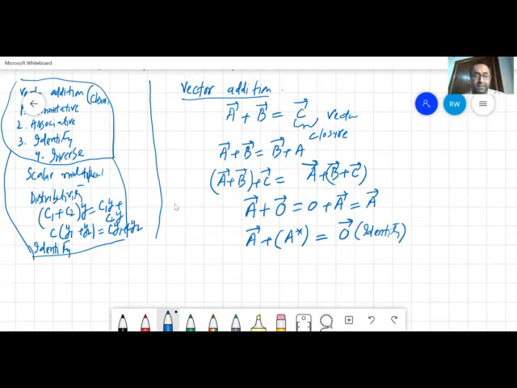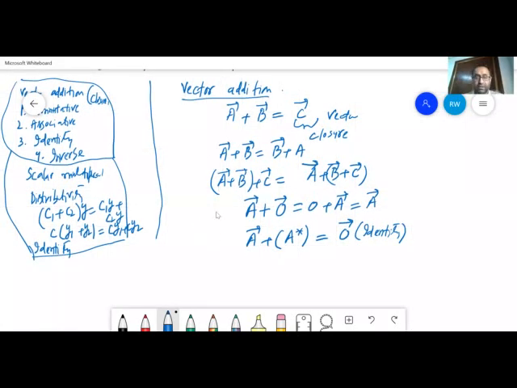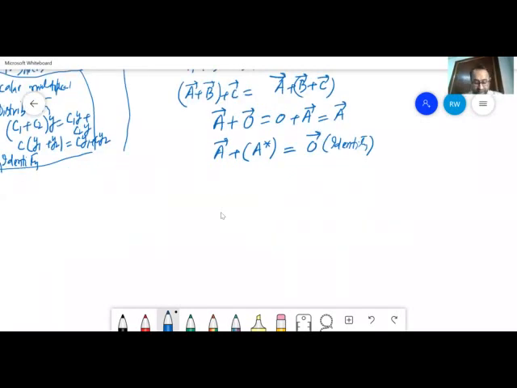Okay, then scalar multiplication. Maybe we do not put too much attention on scalar multiplication. So the one thing I want to highlight here is why scalar multiplication is important. How do I get an inverse of a vector? Let's say I have a vector A. How do I get an inverse of this guy? Very simple method.